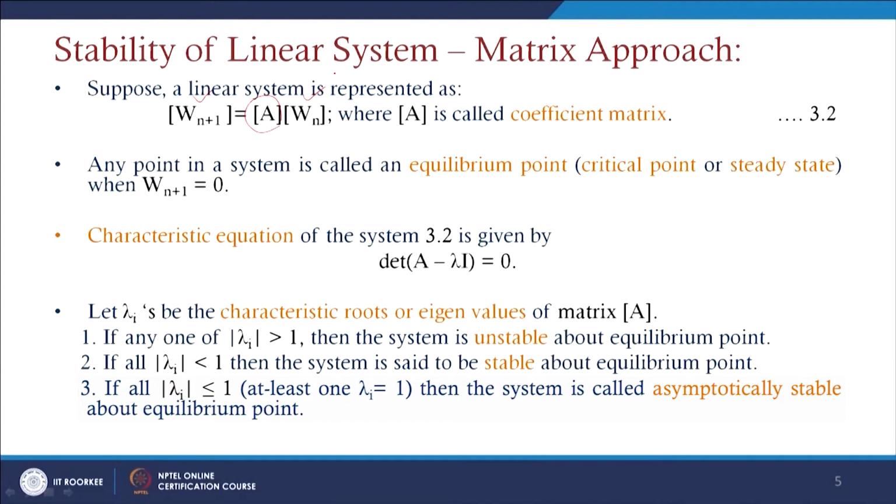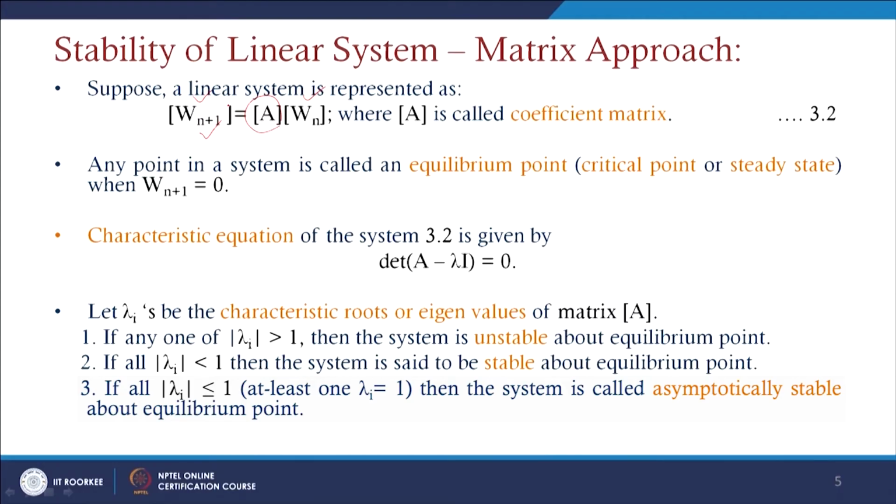Any point in a system is called an equilibrium point or a critical point, or sometimes a steady state, if we consider W_{n+1} is 0. And for the stability of this system, we have to find the eigenvalues of this matrix.